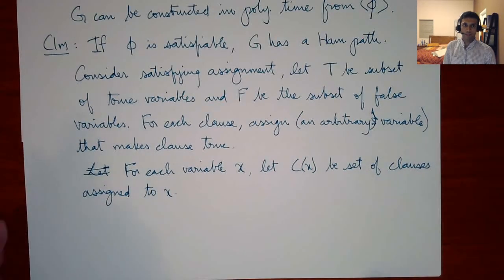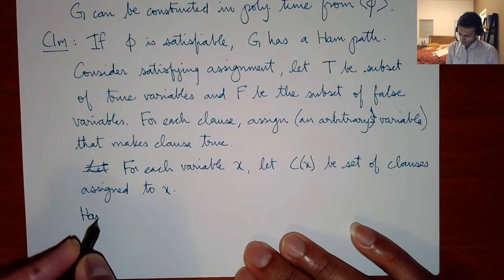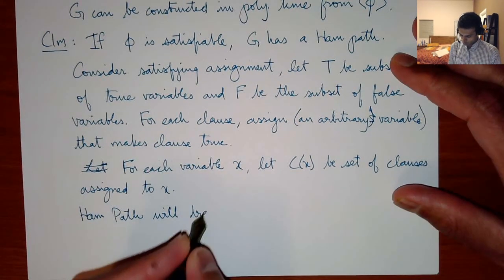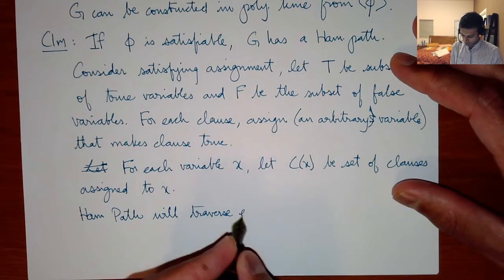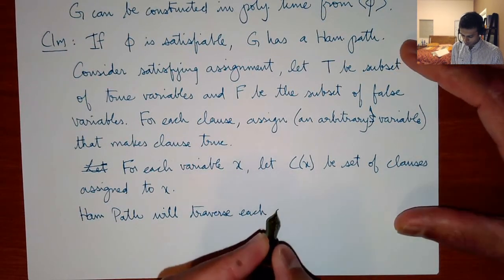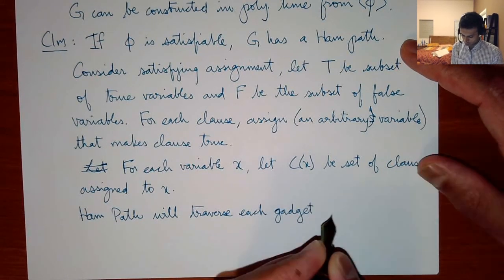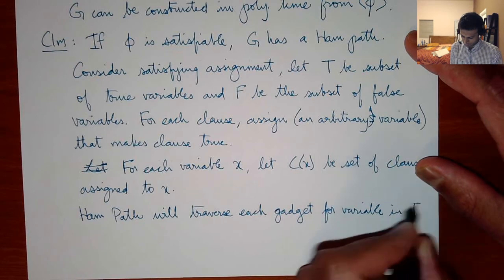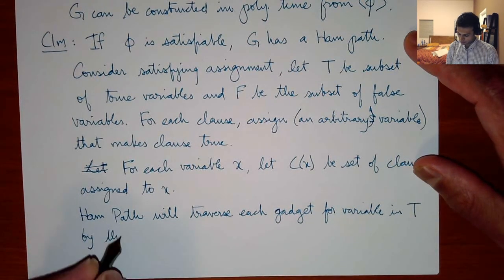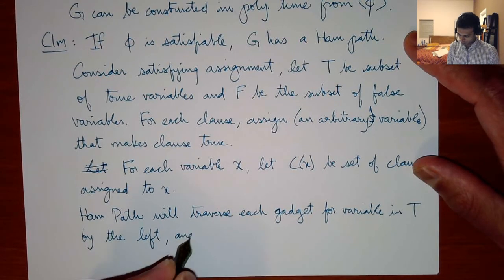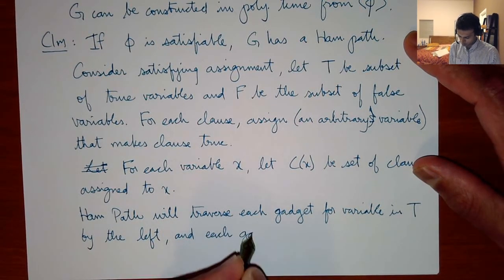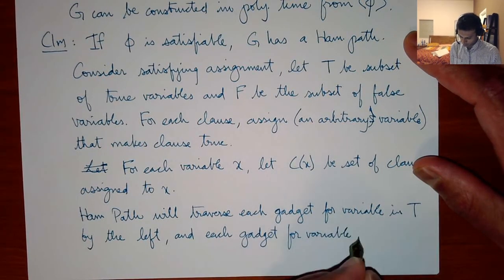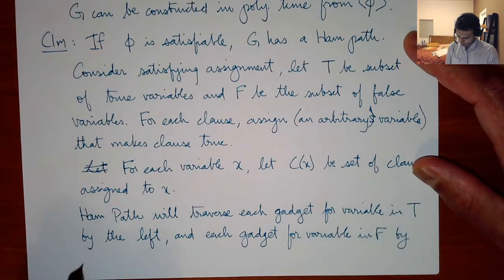Okay, so what is the Hamiltonian path going to do? The Hamiltonian path will traverse each gadget for a variable in T by the left and each gadget for a variable in F by the right.